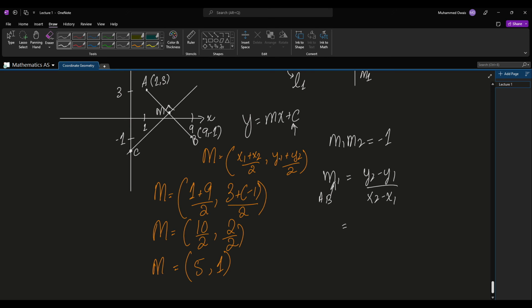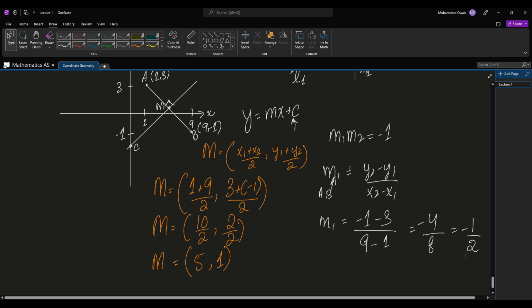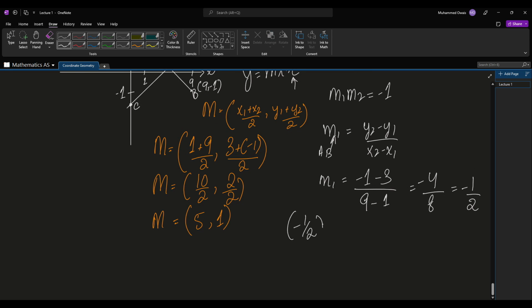So we can say y2 is -1, y1 is 3, over x2 is 9 and x1 is 1. So this becomes -4 over 8, which is equal to -1 over 2. Now I can just plug it into this formula to find m2. -1 over 2 times m2 is equal to -1. Thus m2 becomes 2. We just did that above, so I'm not going to do the same thing again.